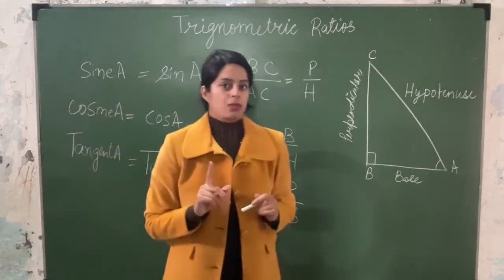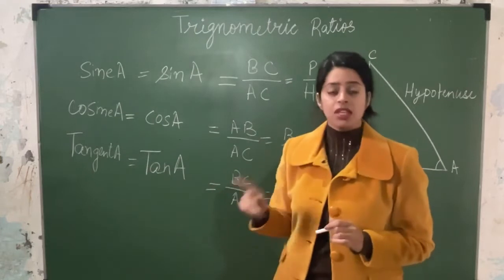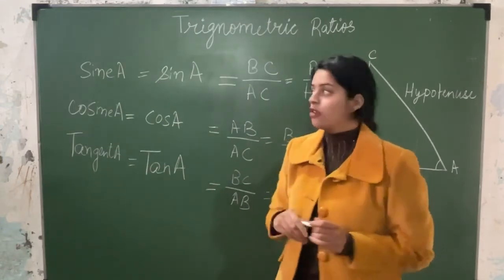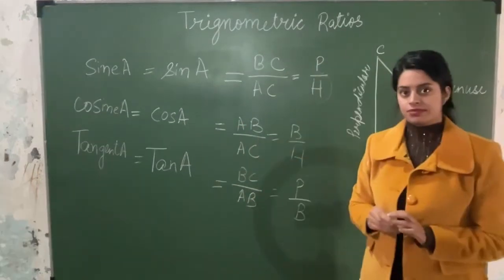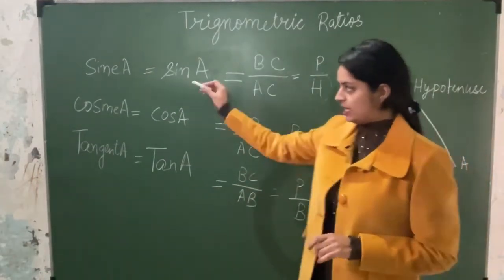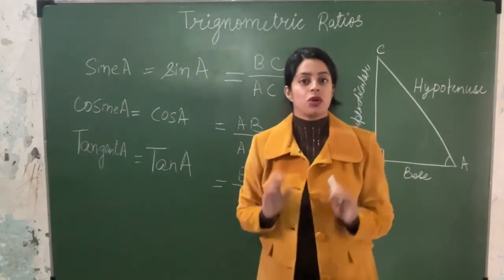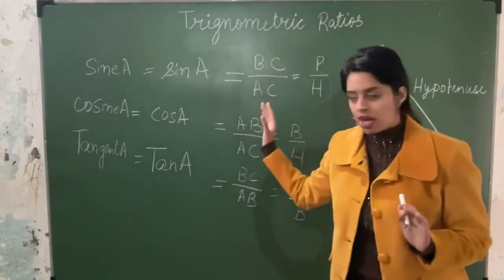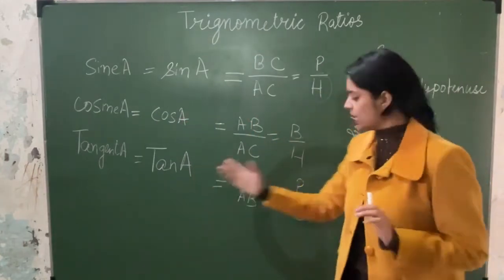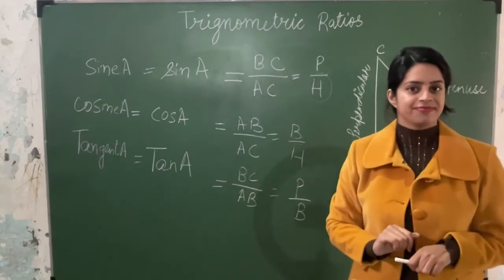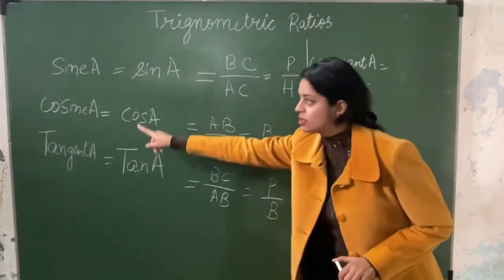There are 6 trigonometric ratios and I have already told you about 3. We are left with the other 3, which are opposite to these. So these 3, sine A, cosine A and tangent A, are the basic trigonometric ratios. Always remember, sine A is perpendicular over hypotenuse, cosine A is base over hypotenuse, tangent A is perpendicular over base.